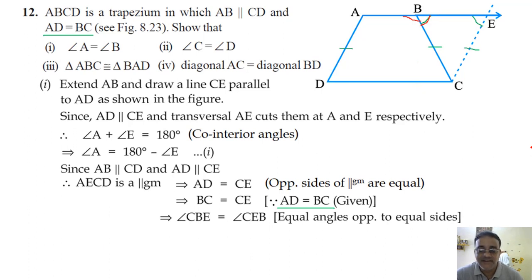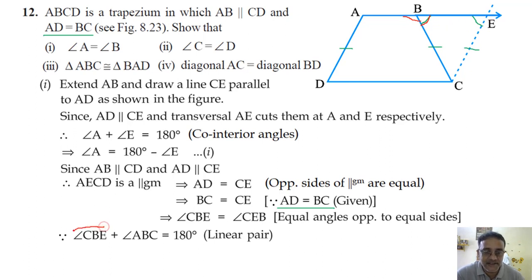Why? By linear pair. Angle CBE and angle ABC, the sum of these two angles is equal to 180 degrees. Now, in place of this angle, I am going to write this angle because these two are equal.